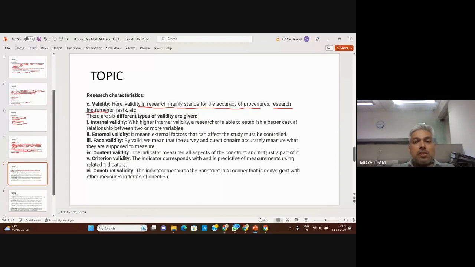These are the tools in the research. So accuracy is very important. If it is accurate, then it is valid, right?